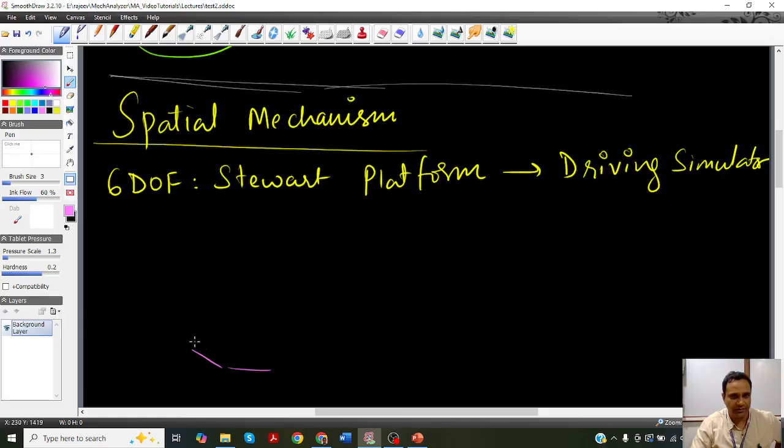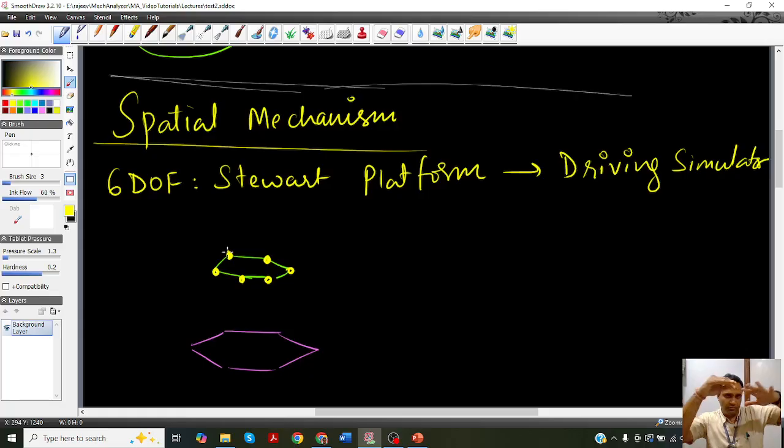There will be a hexagonal base. There will be another hexagonal moving platform and there will be, let's say, spherical joints. Spherical joints are ball and socket joints, on this. Similarly, there will be spherical joints on the base.